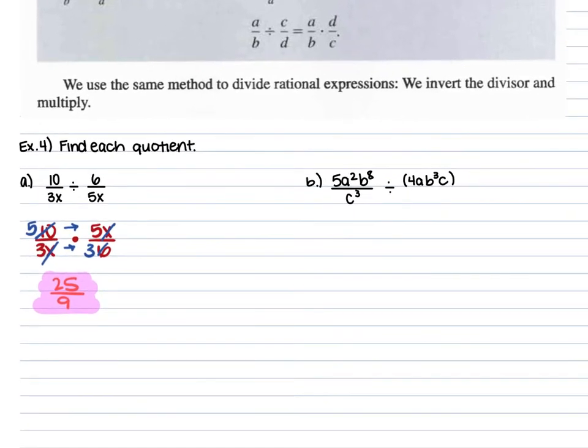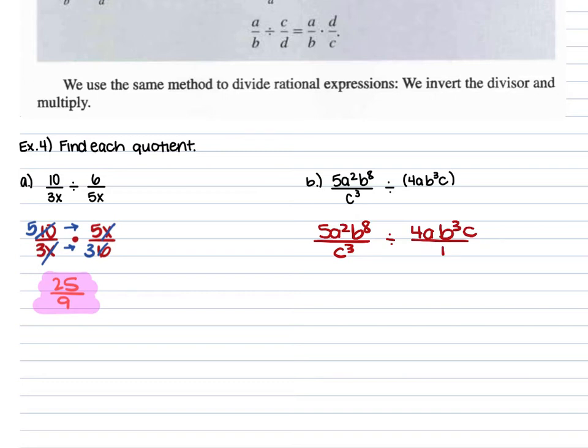For example B, we have 5a squared b to the 8th power, all over c to the 3rd power, divided by 4ab cubed c. I'm just going to rewrite this to where that 4ab cubed c is a fraction, so I'm going to put it over 1. So I'm going to have 5a squared b to the 8th power over c cubed divided by 4ab cubed c over 1.